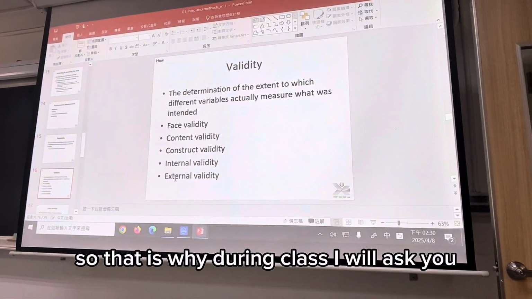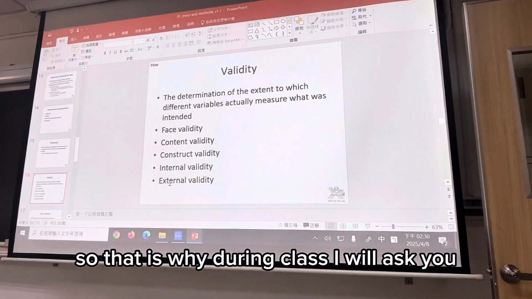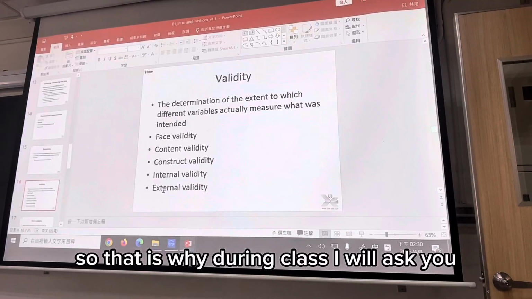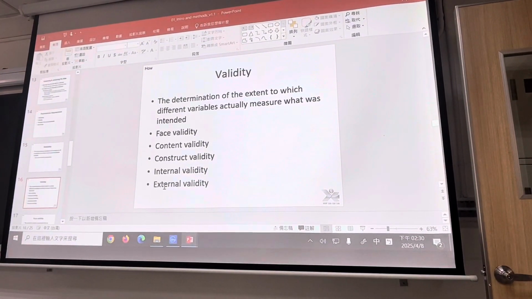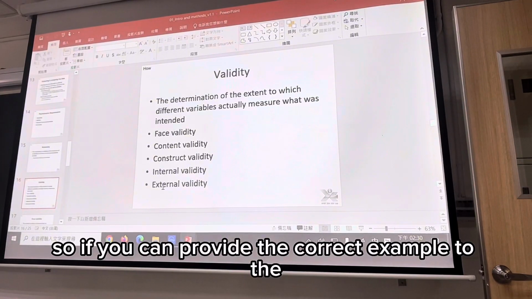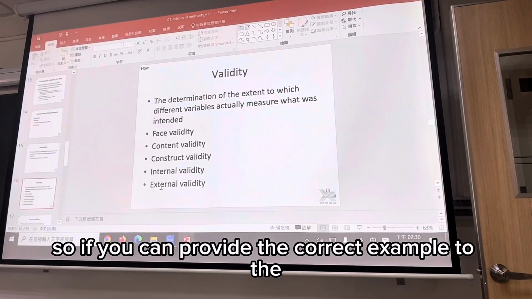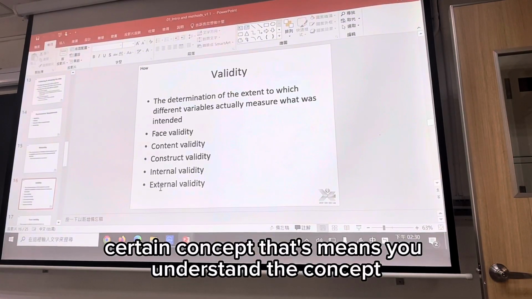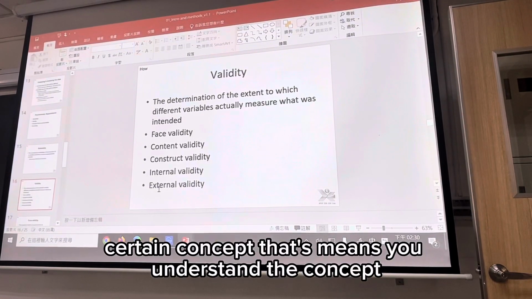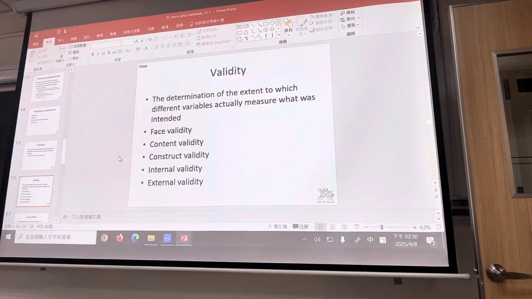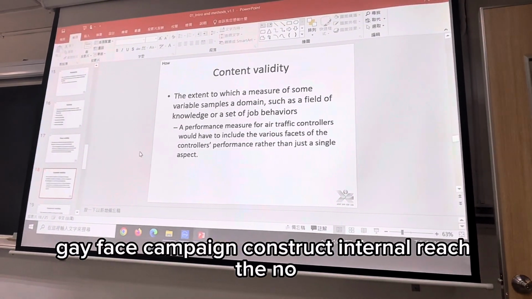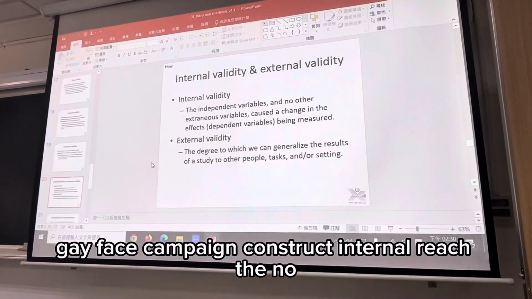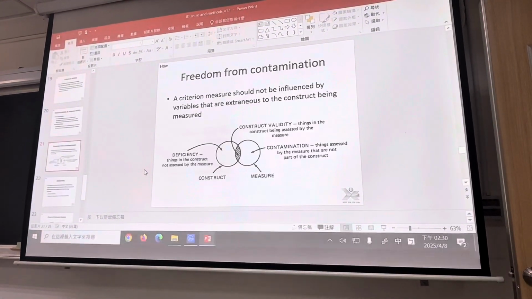So that is why during the class I will ask you to provide examples for certain concepts. If you can provide the correct example for a certain concept, that means you understand the concept. Okay, face, content, construct, internal, external.